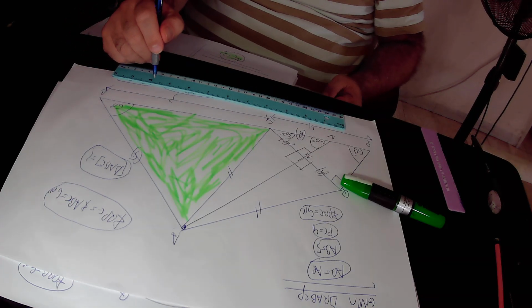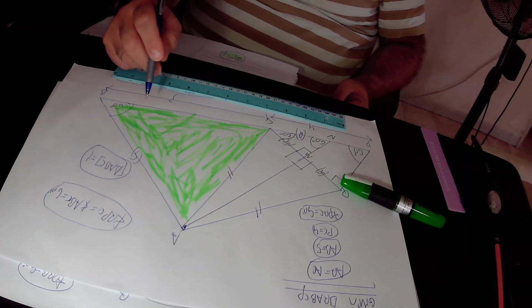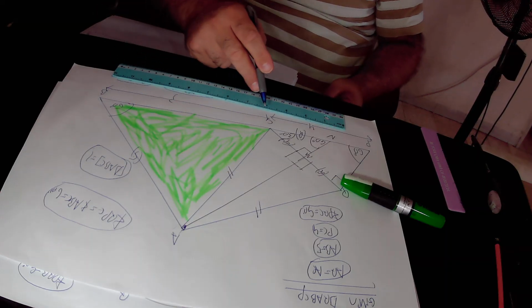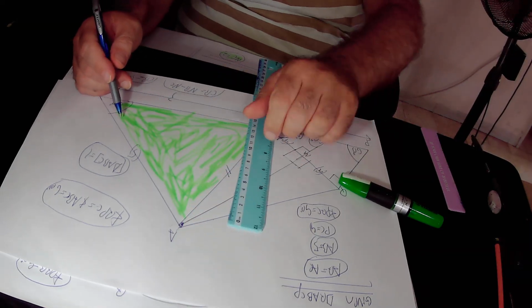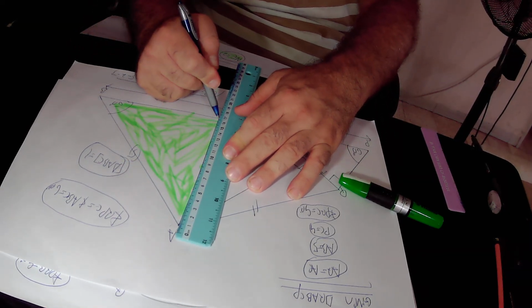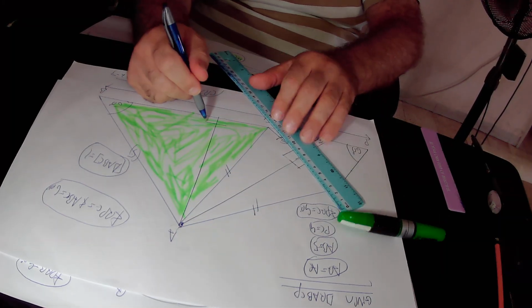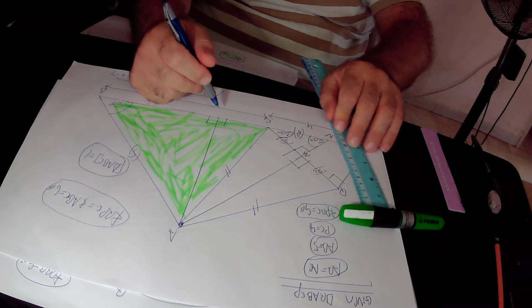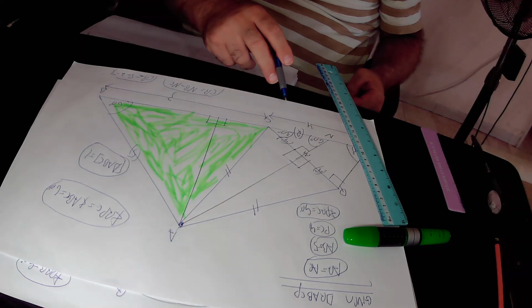In the next step, we'll do another construction, that is to say, from point A, we'll go perpendicular on CB. So actually, this angle equals 90 degrees, and this angle also equals 90 degrees according to our construction. We define the touching point of the perpendicular from point A and CB.